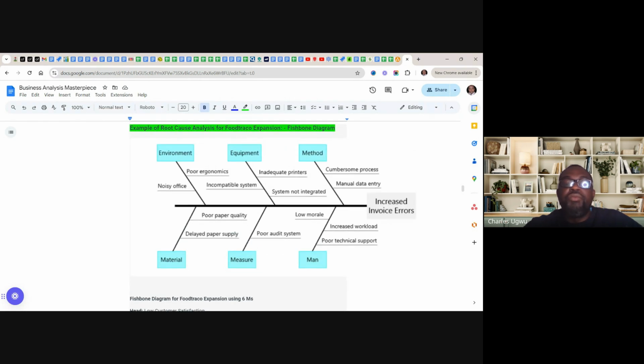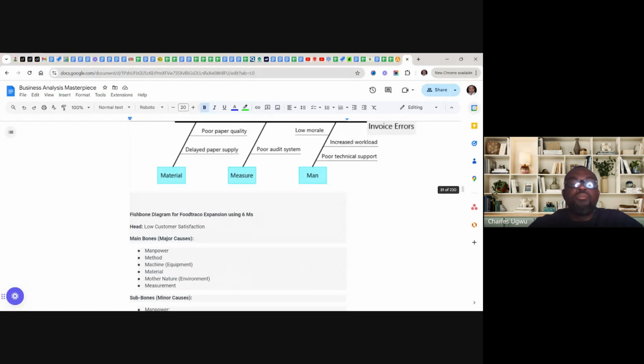If you draw the diagram, we can use draw.io to capture fishbone diagram in this format. We can use Visio as well. So let's see this fishbone diagram, that is the 6 M's of fishbone diagram. In the fishbone diagram, the head is always the problem.